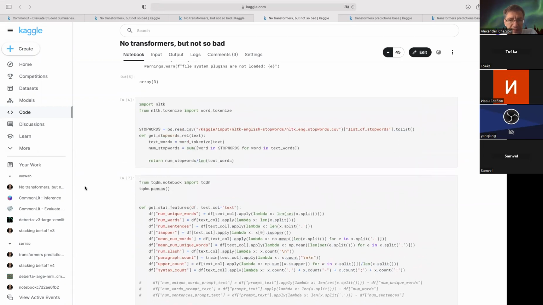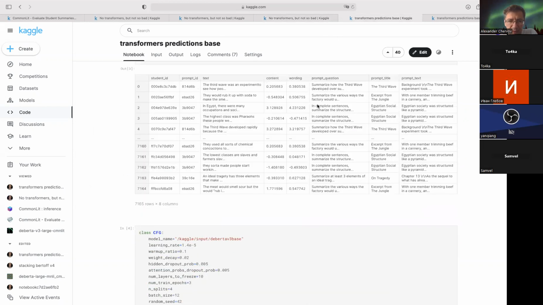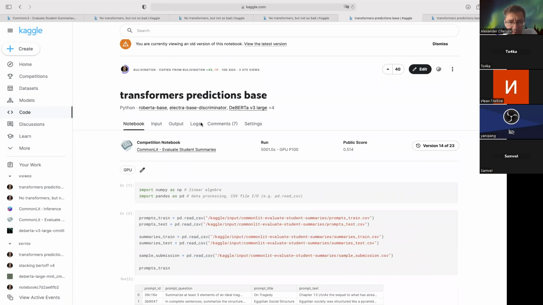Just a small question. So this notebook with transformers, how much time do you run it? It's something like 5,000 seconds? Yeah. On GPU? Yes, on GPU. This time, because in this notebook you have train and inference in the same notebook. Unfortunately, you have to train your model twice.